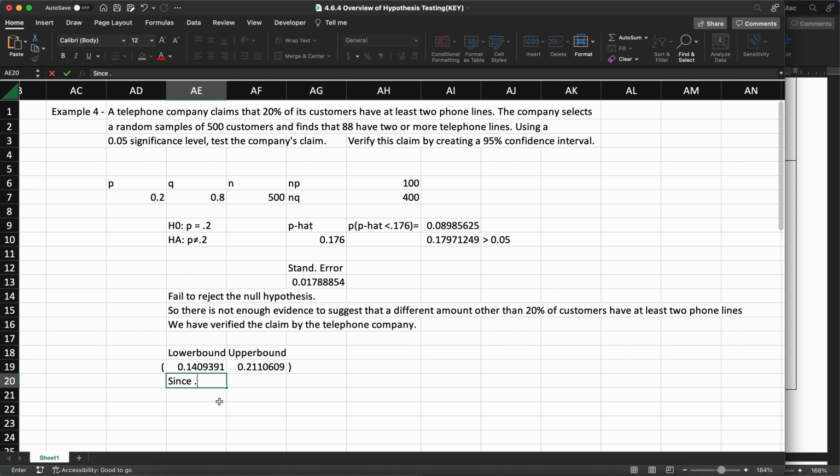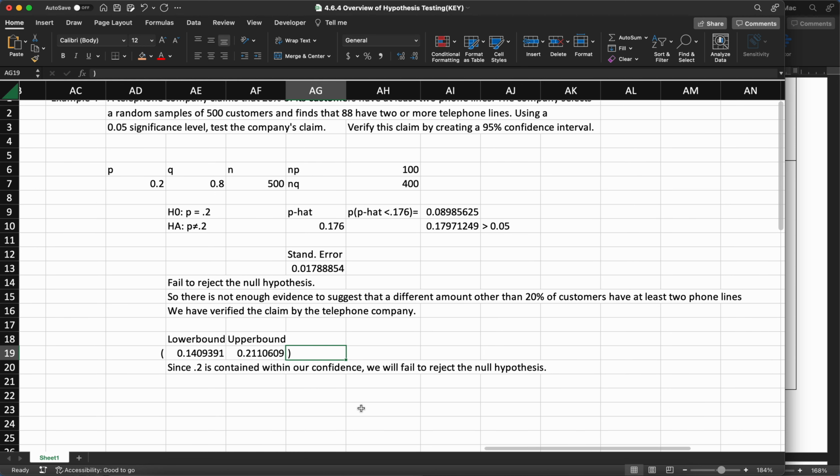Since 0.2 is contained within our confidence interval, we will fail to reject the null hypothesis. So we're just verifying the claim that we made here, failed to reject the null hypothesis, by constructing this confidence interval.